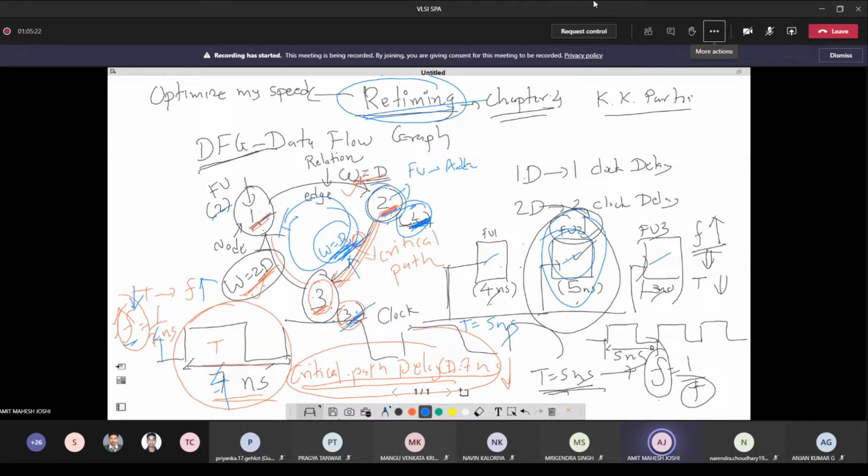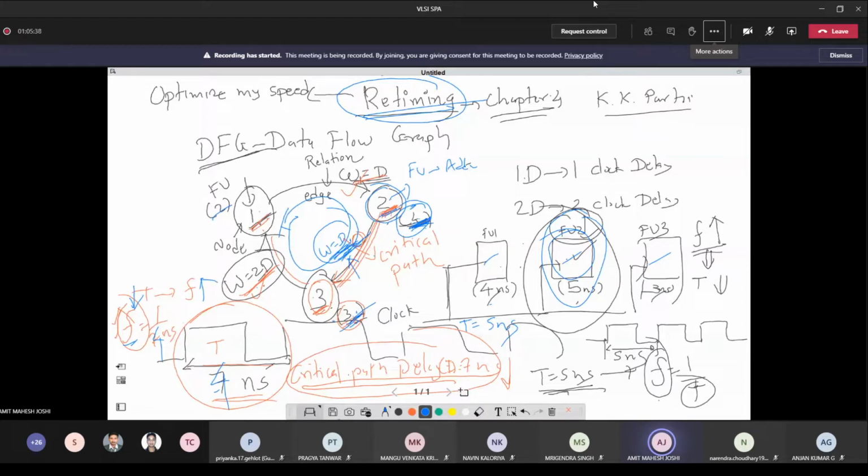That number of delay elements in a particular loop has to be maintained. So here, when I say a loop, 1, 2, 3, 1, so there is a loop.